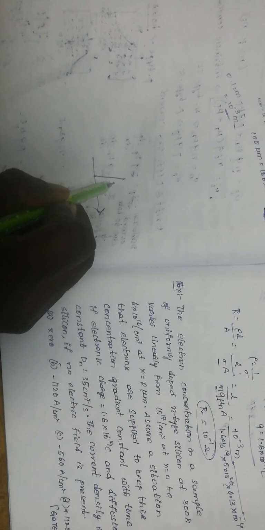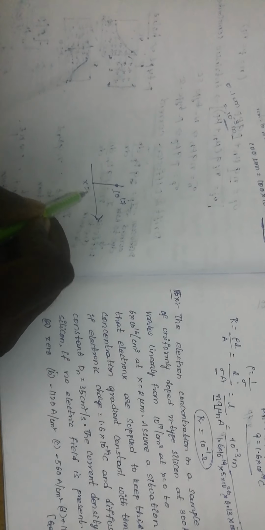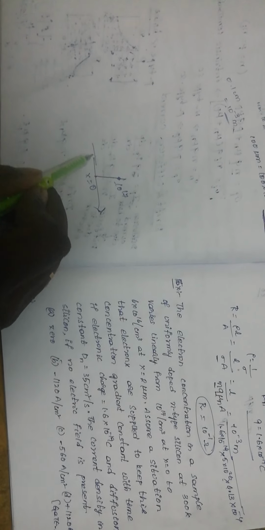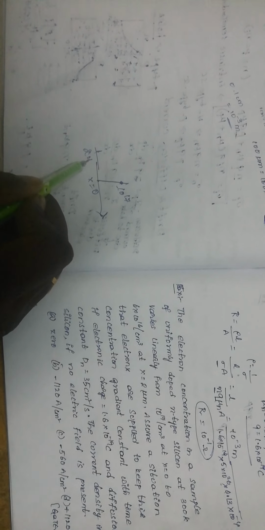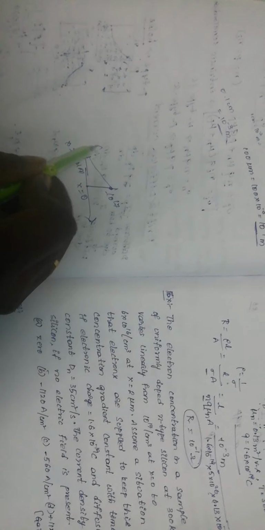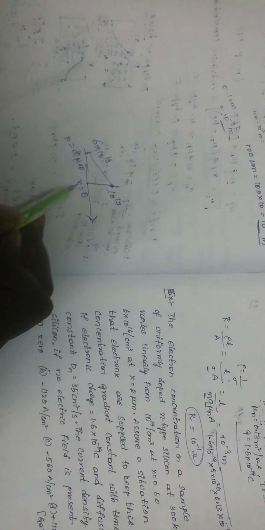So the data he has given is the electron concentration varying in a semiconductor at 300 Kelvin linearly from 10 power 17 at x equal to 0 to 6 into 10 power 16 over a distance of 2 micrometers.